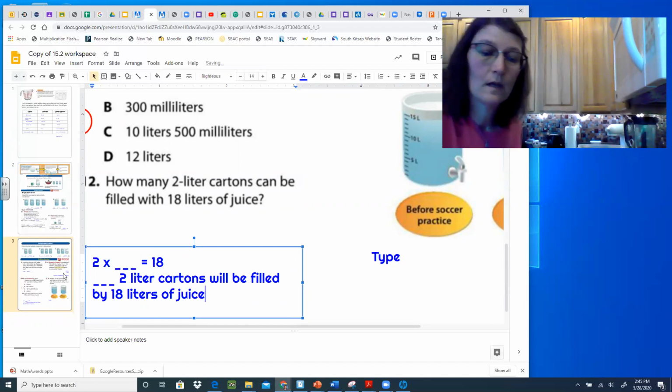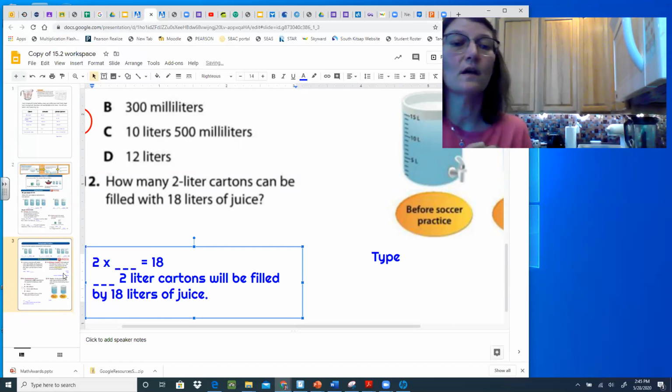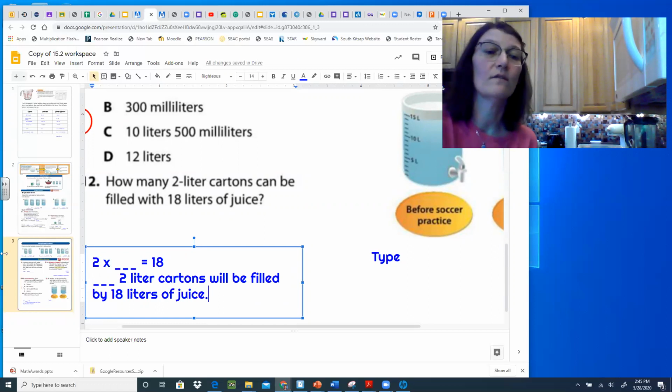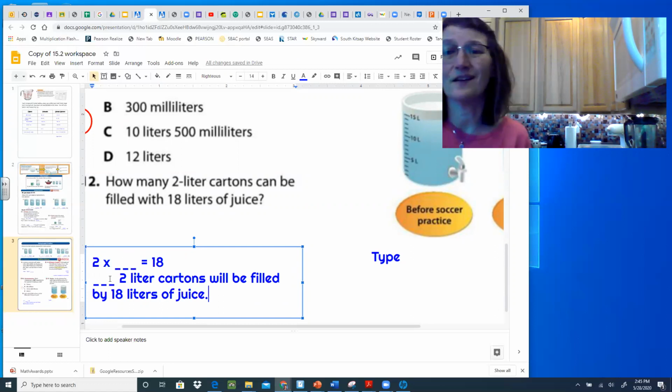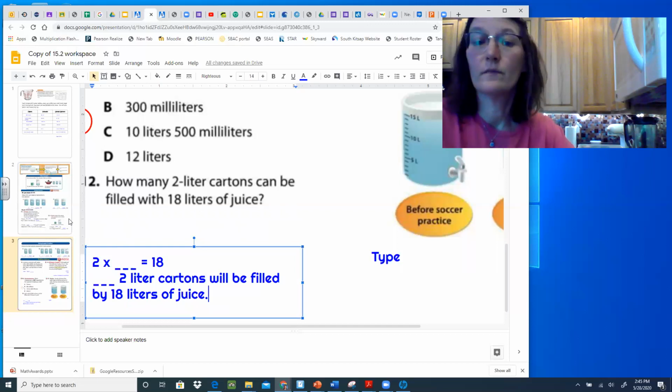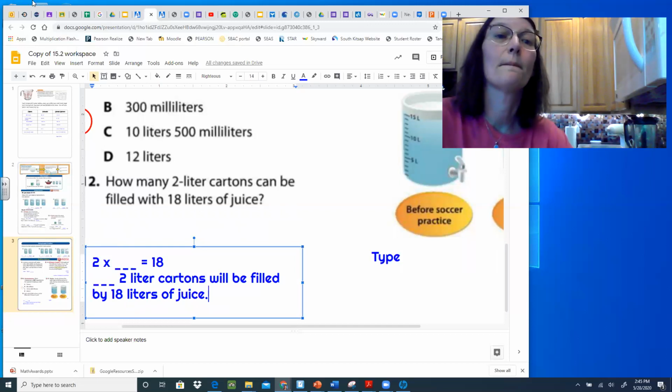There we go. So pause the video, solve that one. And whatever you have in this blank for the fact family needs to go in this blank. And it's not 3 digits. That's just what the font does. Okay, pause, catch up. I'll meet you at the digital quick check.